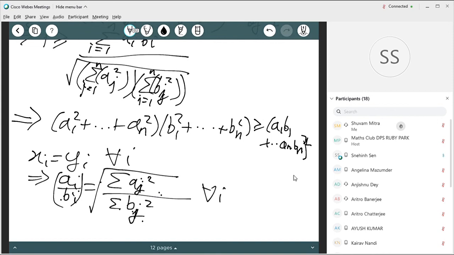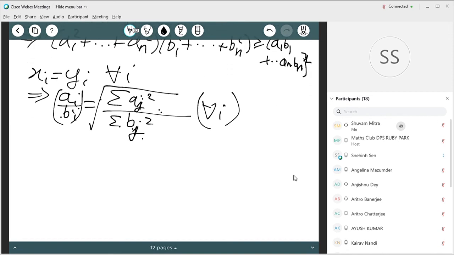It's a sum of all the squares. That's why I don't want to use the same i in two different places having two different meanings. One is varying and one is a fixed thing. So let's avoid that. The j's are the fixed things and i is the variable over here. So that's why I've written for all i.